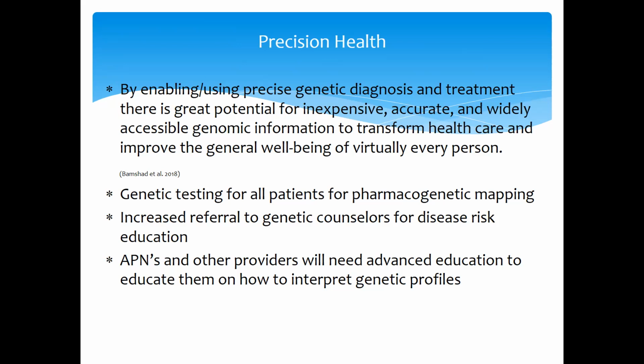It is typically administered early in an individual's life, probably in their 20s, so that we get an understanding of genetically what they are at risk for, genetic change in their body, and what genes could potentially be affected.